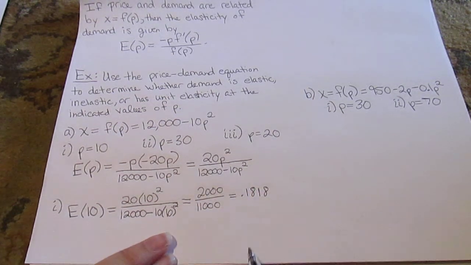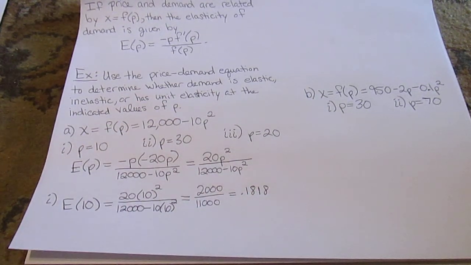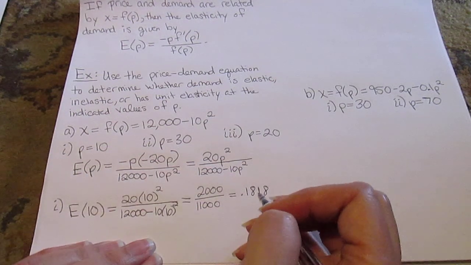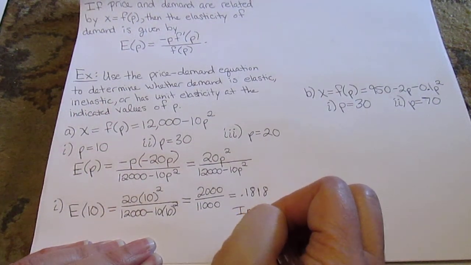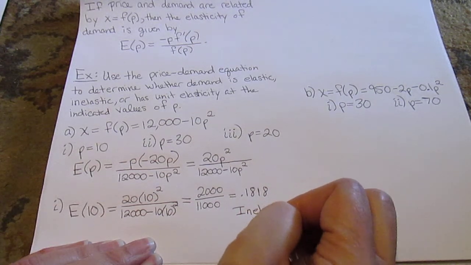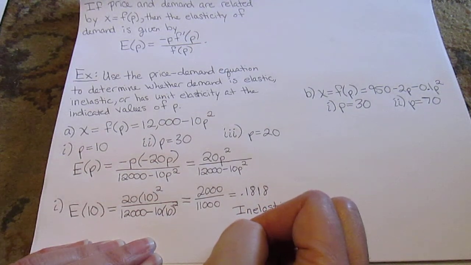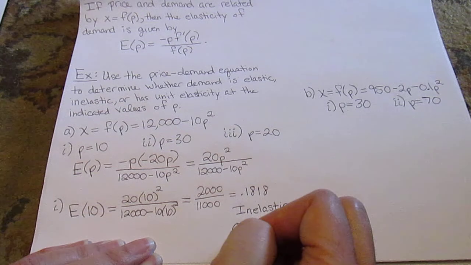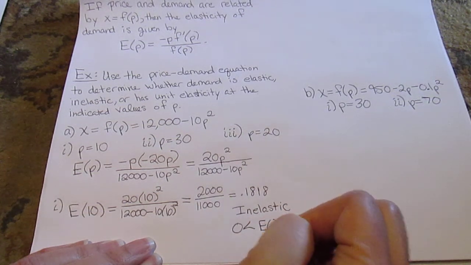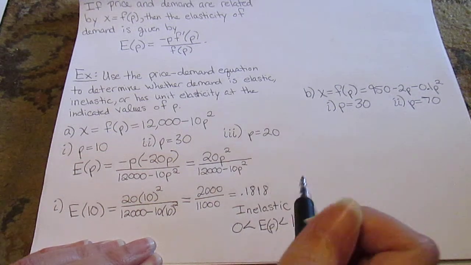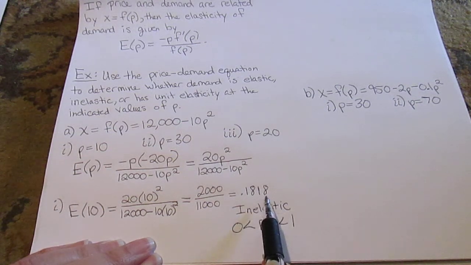0.1818. Okay, and there's a chart on your notes on Canvas that tells you what it means to be inelastic, elastic, or unit. This one's an example of an inelastic problem. And you'll see on the chart that that meant that E of p is in between 0 and 1, since we got 0.1818.